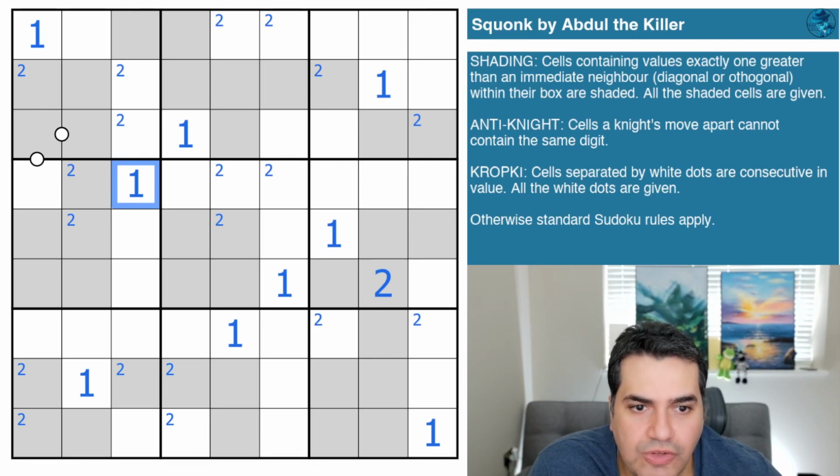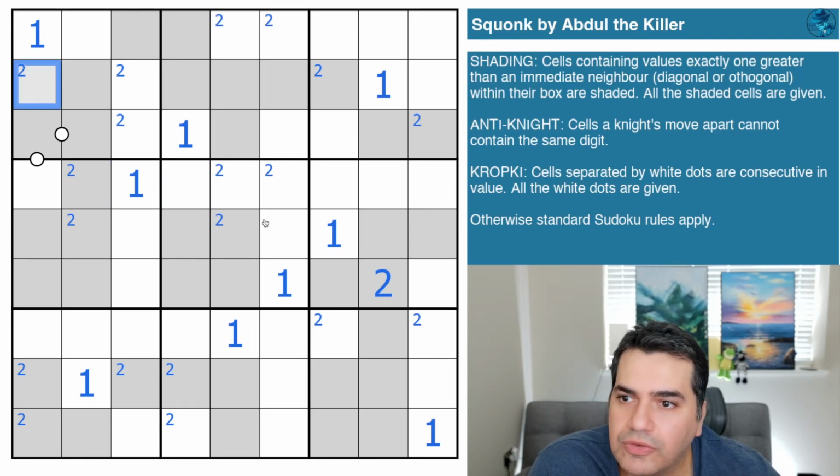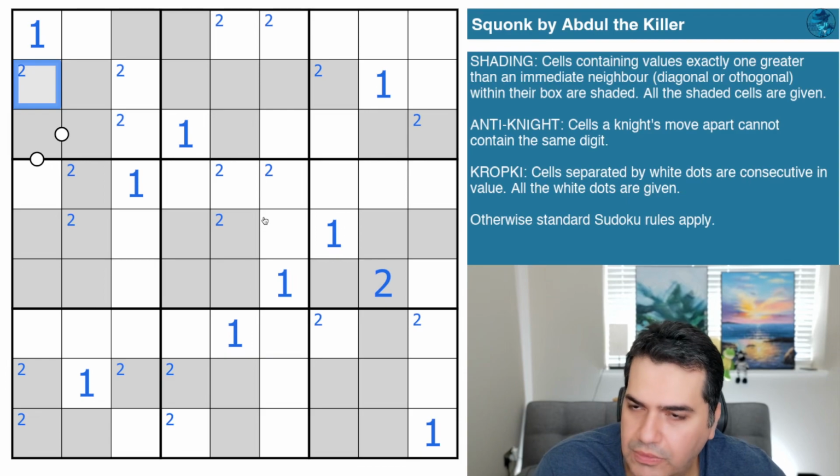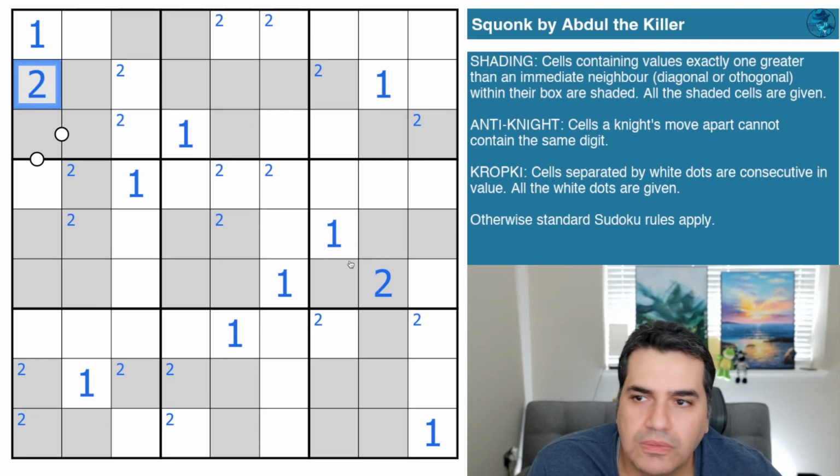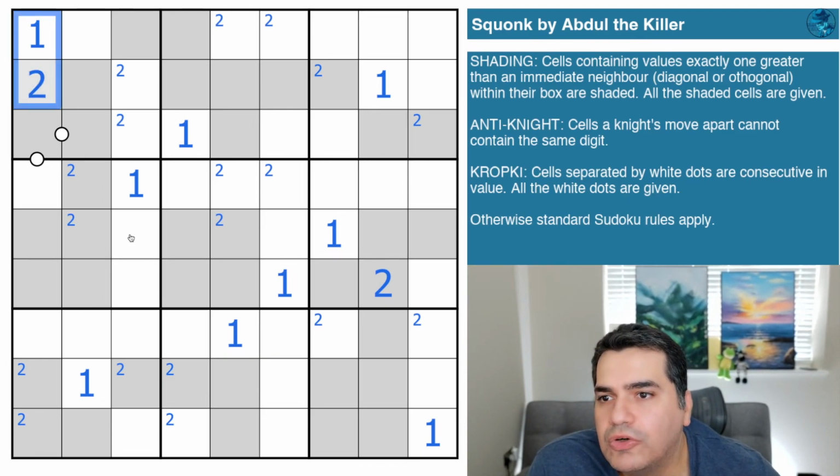Now, cells separated by a white dot are consecutive in value. All the white dots are given. Look at this. That couldn't have been a 2. That would require a Kropki dot.